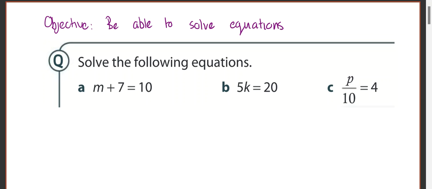Pardon? It doesn't actually. Solve has a very specific meaning in mathematics because there are other words like evaluate. No, I'm not being fancy.